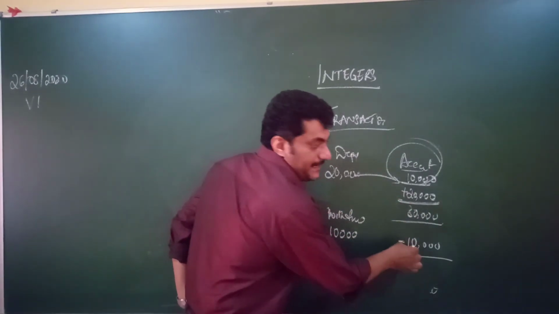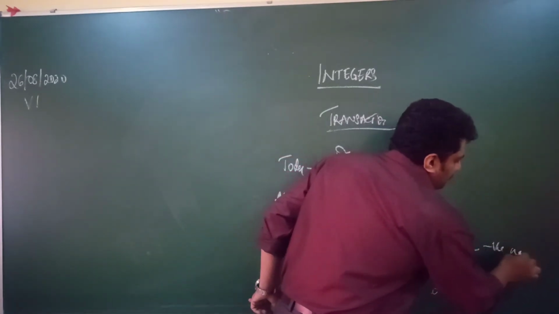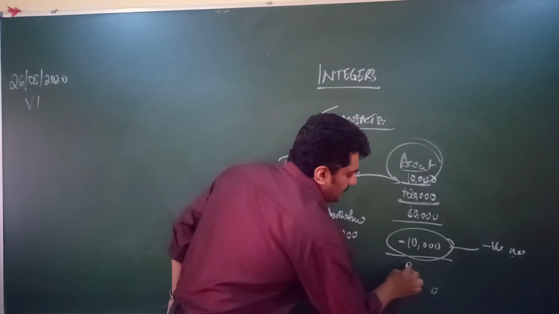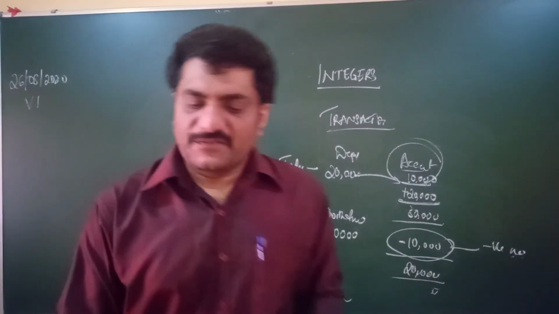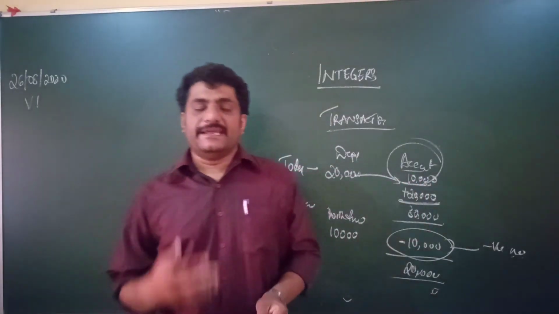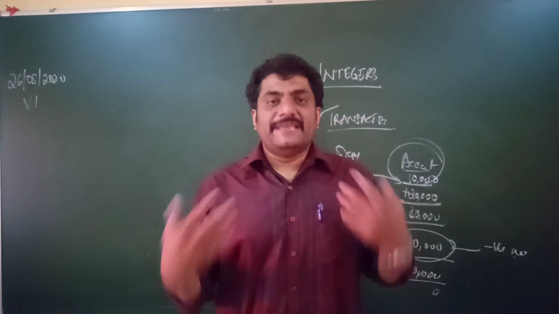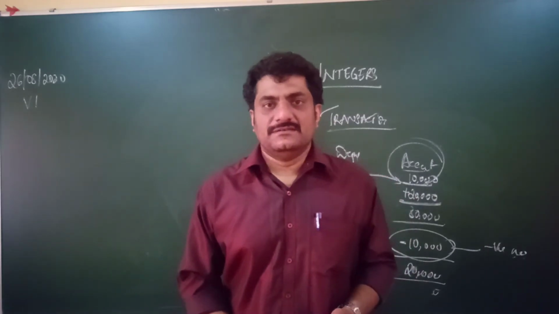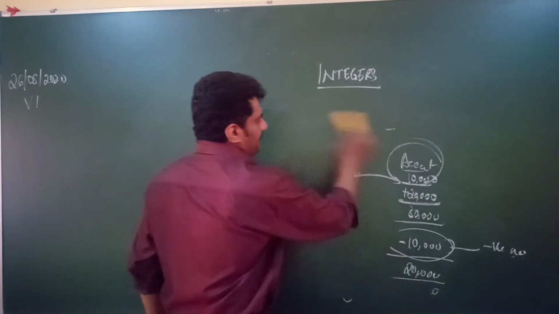So this is minus 10,000. This is a negative number, and it will become 20,000. See, in our daily life, we use all these negative numbers, but we don't focus much, and we don't think that it is an integer. That's how integers are useful in our daily life.